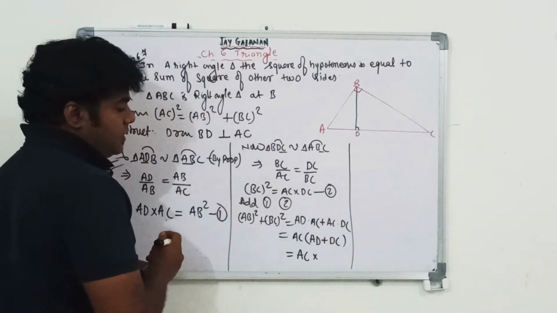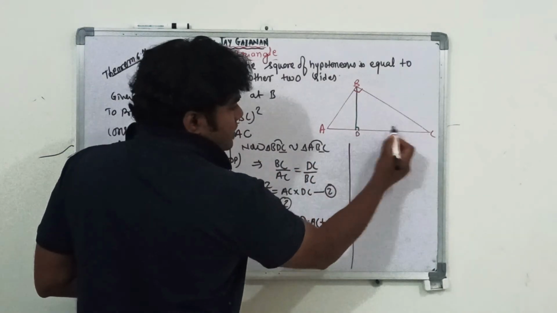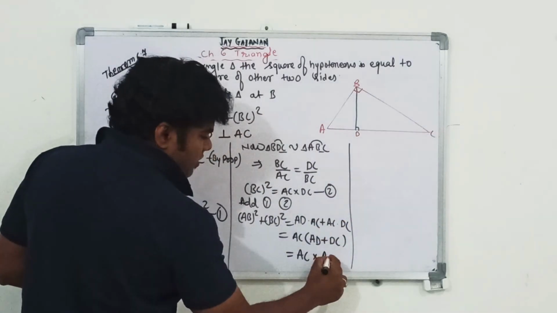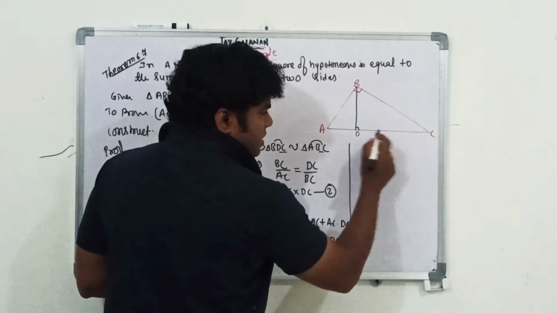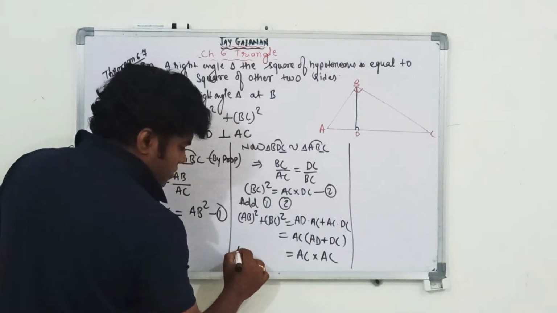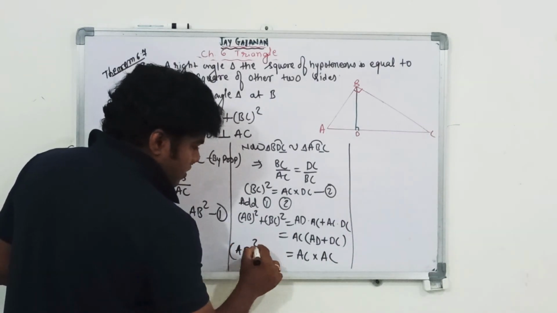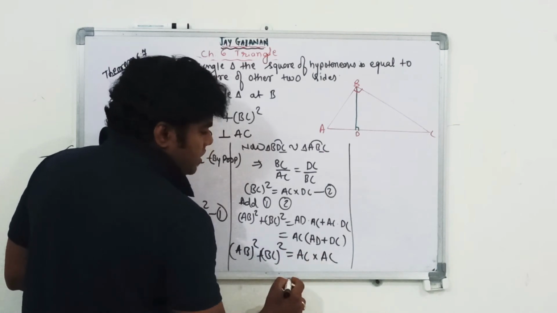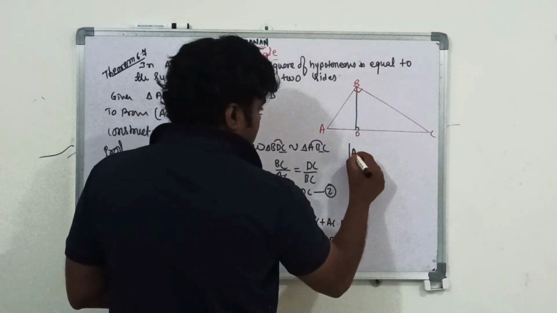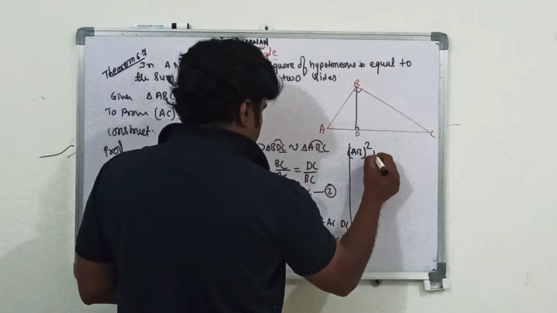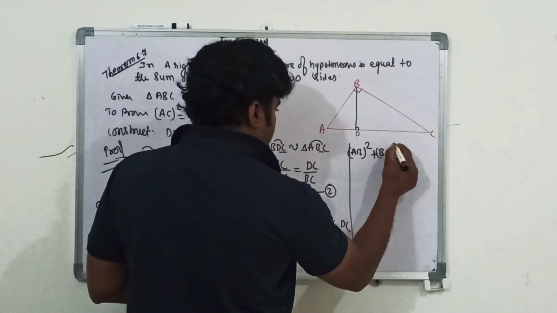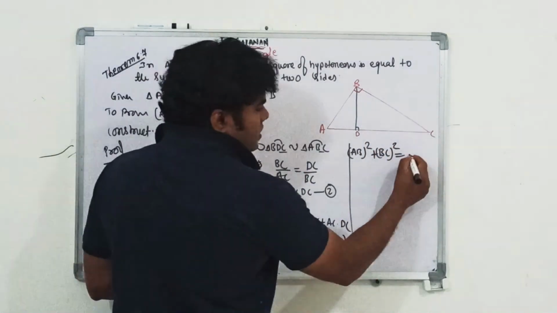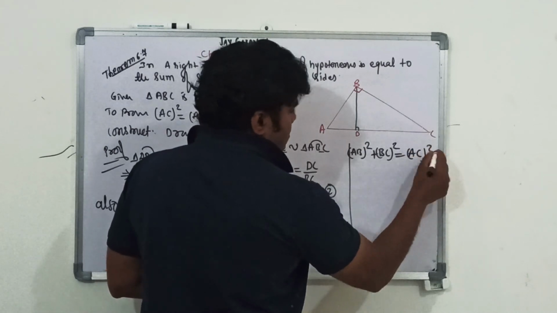What is AD plus DC? AD plus DC is equal to AC. So this will be AB square plus BC square is equal to AC into AC, AC square.